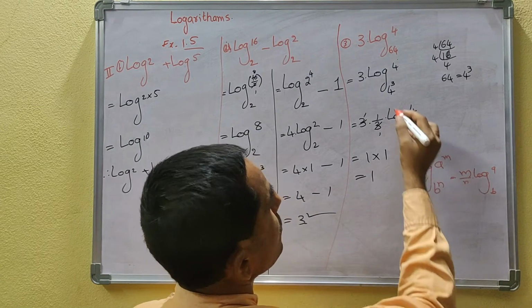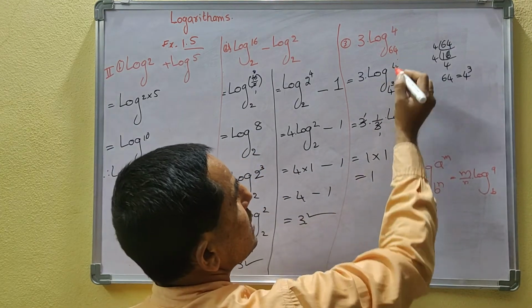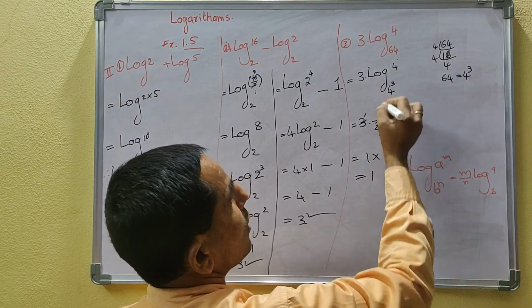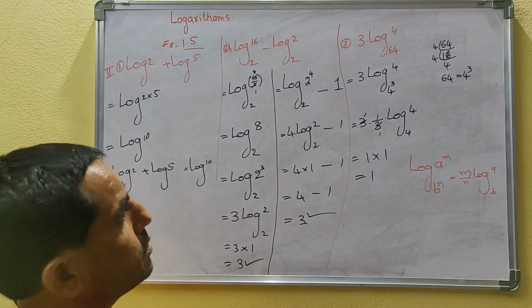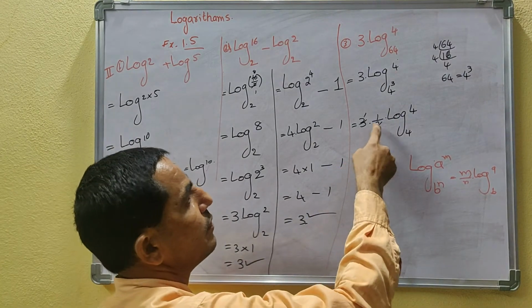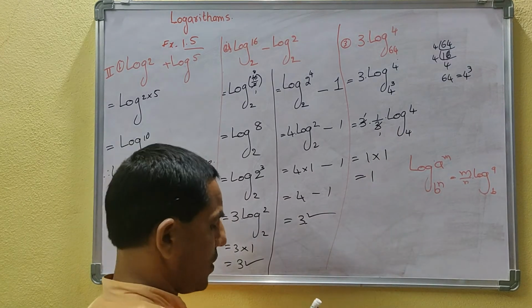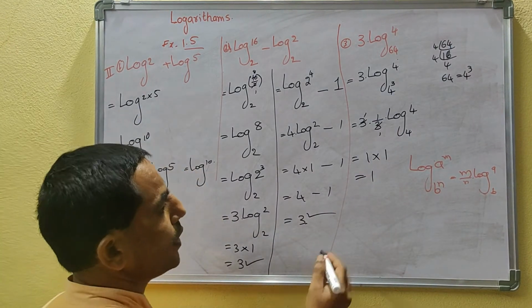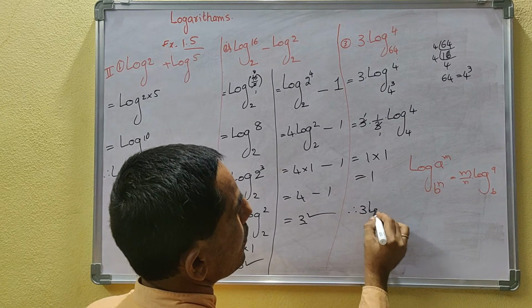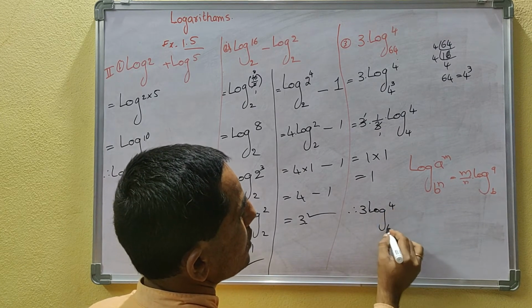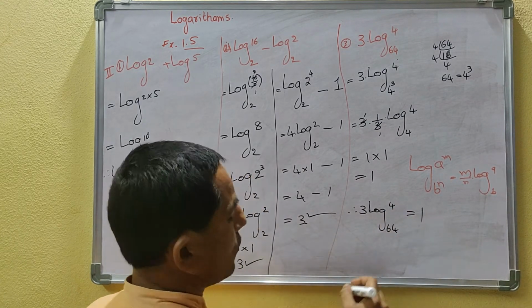Powers first: here power 1, here 3. So 1 by 3 into log a base b. The 3 and 1 by 3 cancel, log 4 base 4 value is 1, and 1 into 1 is 1. Therefore 3 into log 4 base 64 is equal to 1.